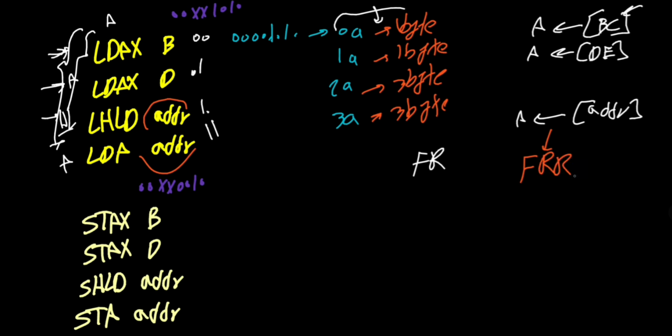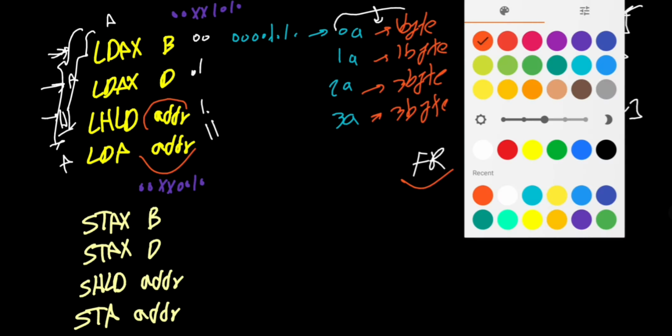So one read, 2 reads, and then the 16-bit address would be put onto the address bus, selecting a memory cell, and then that memory cell needs to be read into a register as well. So we have 1 fetch and 3 reads, compared to the first 2, which were only a fetch and a read.